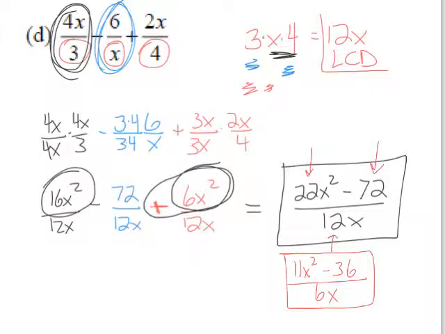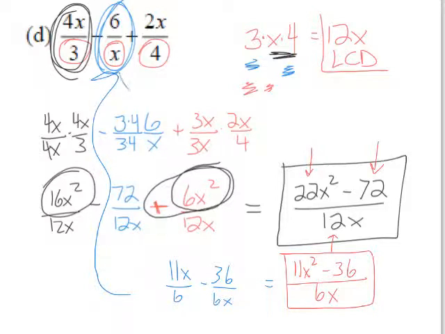And of course there's all sorts of other manipulations. We could, if we wanted to, write this as 11x over 6 minus 36 over 6x, but then we start slowly feeding our way back to the beginning. So I think as a single fraction, that's typically accepted as the simplified form. So I would go with this one here.